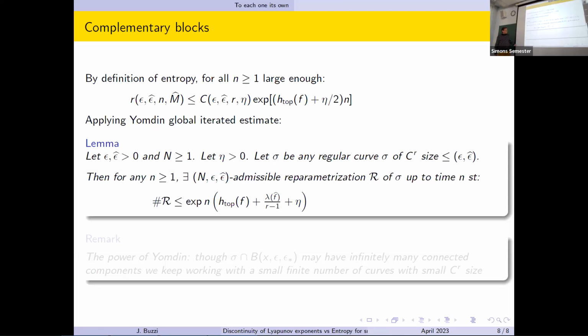So you need Yomdin because you have to know that you are always dealing with curves. And even for such simple estimates, you really need Yomdin. And the fundamental reason why you have to work with curves and not with dynamical balls here is that you want to exploit what the Lyapunov exponent tells you.